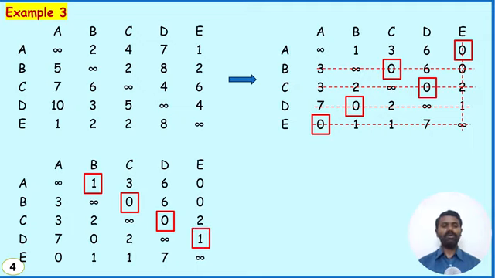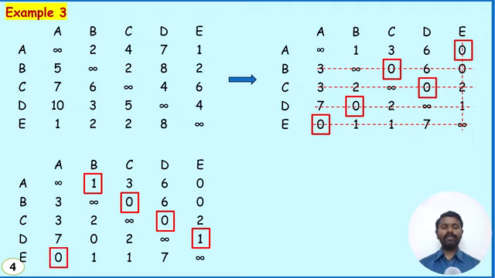If you go to the fourth row, there is only D, and there is only 1 we can assign, because 0 has already been cancelled. Then if you go to the first column, only one 0 is there in that column, so we can assign that 0.